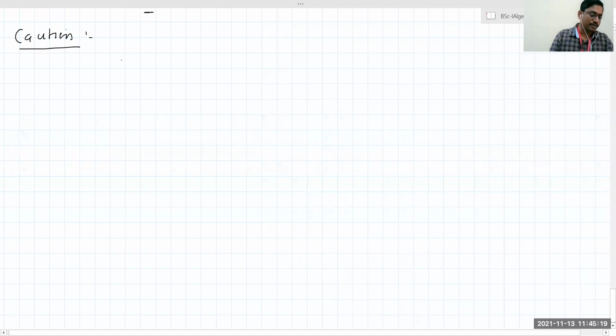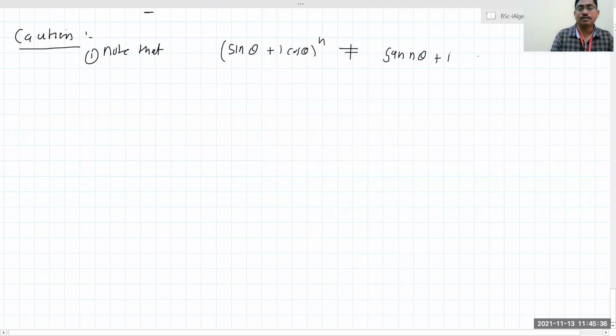It should be noted that if I write sin theta plus i cos theta raised to n, it is not equal to sin n theta plus i cos n theta, because the real part has to be cos and the imaginary part has to be sine.